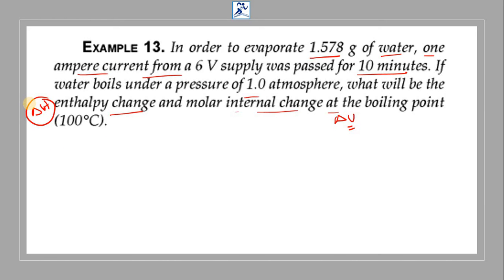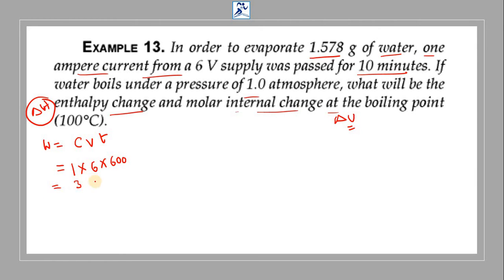So let us see the work done by the heater here. The work done formula is W equals C into V into T, where C is the current in amperes, that is 1 ampere, into voltage, that is 6 volts, and time of 10 minutes, which you have to convert into seconds, 600 seconds.